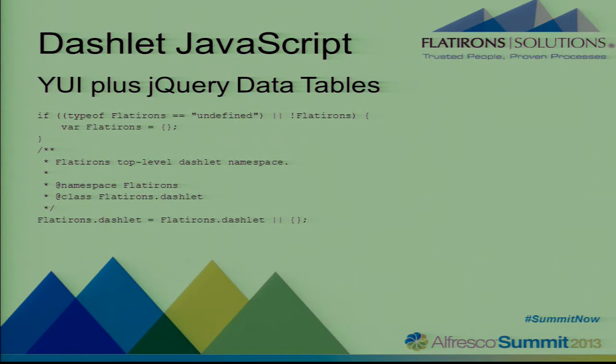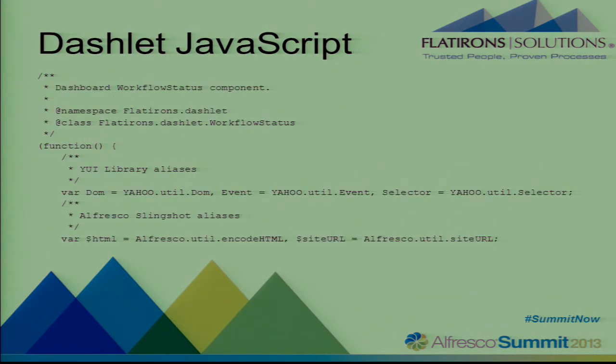So as I mentioned, our JavaScript is a combination of YUI and jQuery. We just use the boilerplate YUI for Dashlets, and then we add in the jQuery table building, the data table building, where we need it. So these couple of screens just show the basic definition, the initialization that gets done.